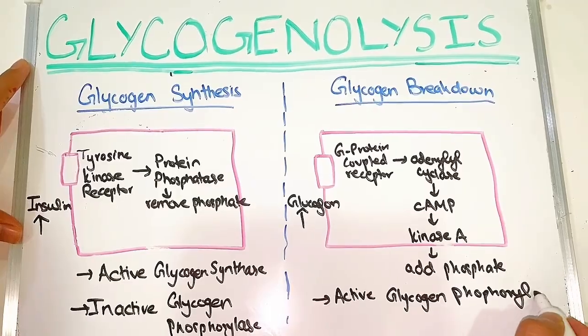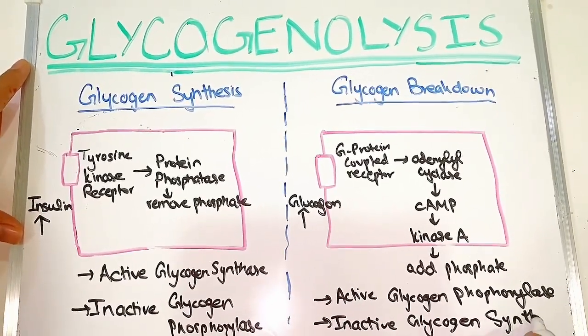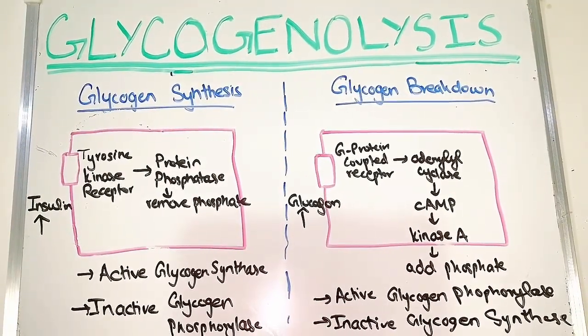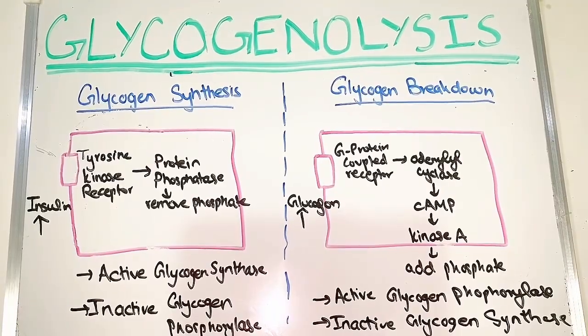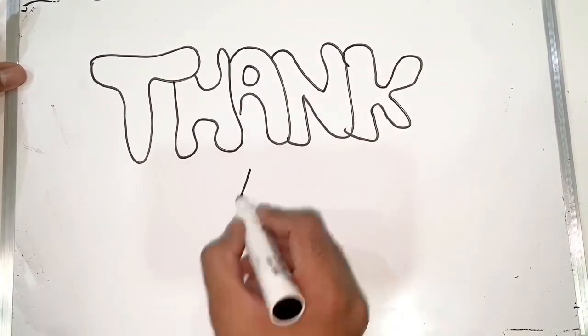By adding phosphate, it activates glycogen phosphorylase and inactivates glycogen synthase. So the two main components which carry on glycogenolysis are glycogen synthase and glycogen phosphorylase.